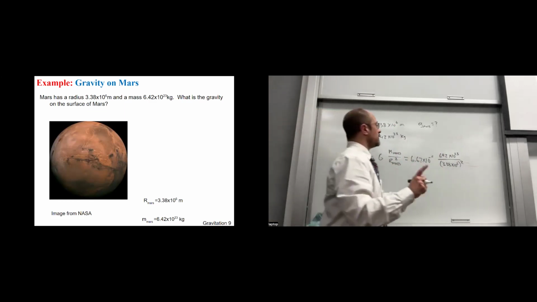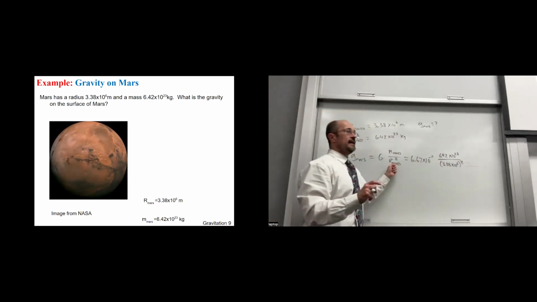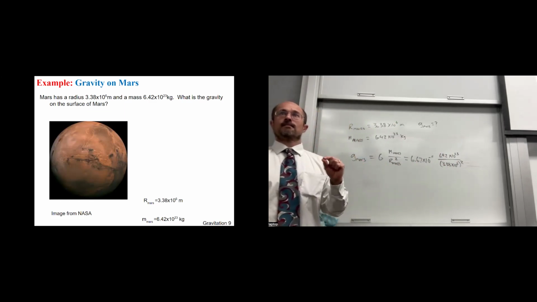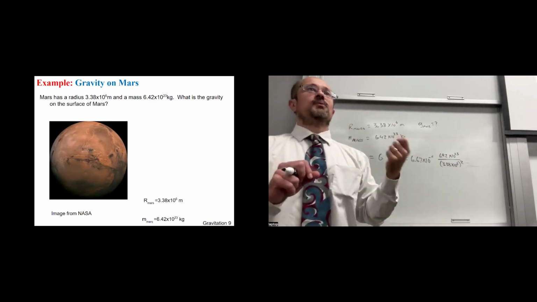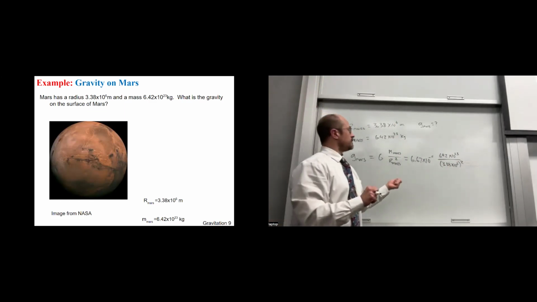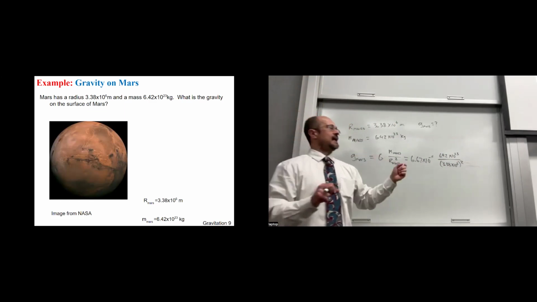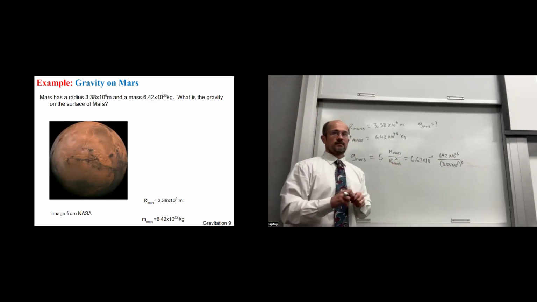One other thing to note, these distances for the radius always have to go in meters. Even though the problems will give you kilometers in a lot of them, that's how planetary data is given, it has to go in meters.